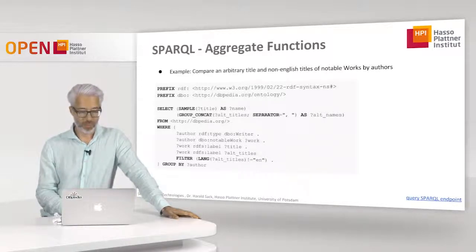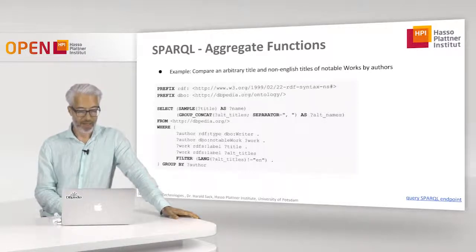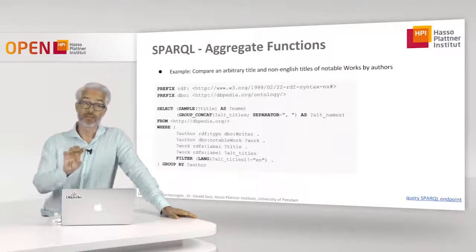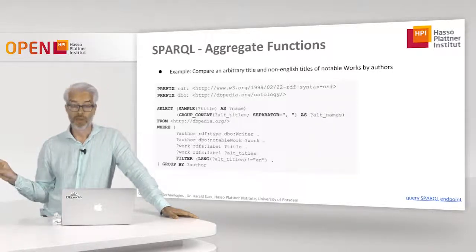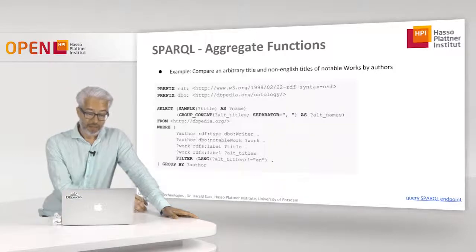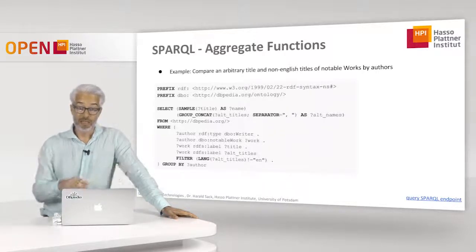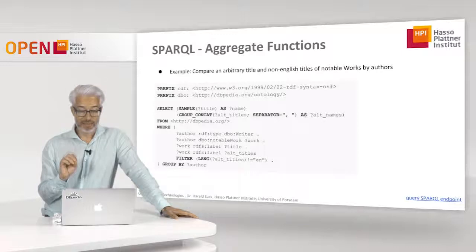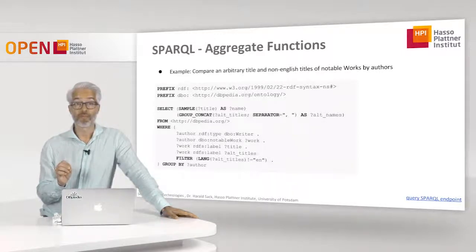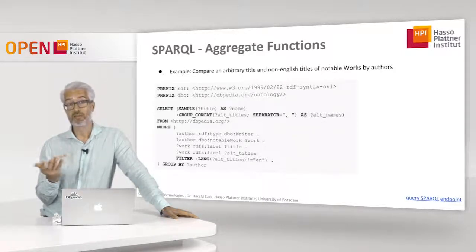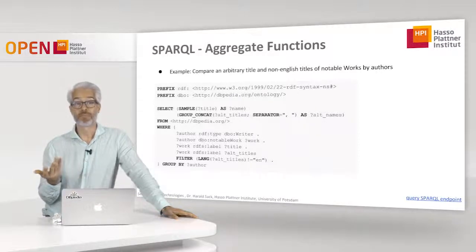And this will be a new variable which has the name here. And then I do the group concatenation that you see here, and I do this over the alternative titles. I say, okay, please put the alternative titles one after the other and separate them by a comma. And this again will be a new variable which will be called alt names.